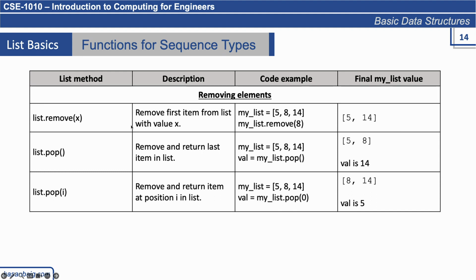It reads the list from left to right, and wherever it finds the first occurrence of that value, it removes it. For example, here the values are 5, 8, 14. 8 is placed at index 1, so when I execute remove 8, it removes that value. If I had multiple 8s in the list, only the first one would be removed.